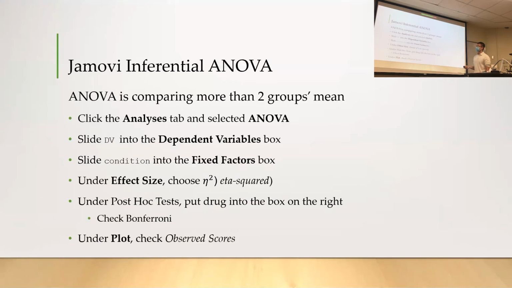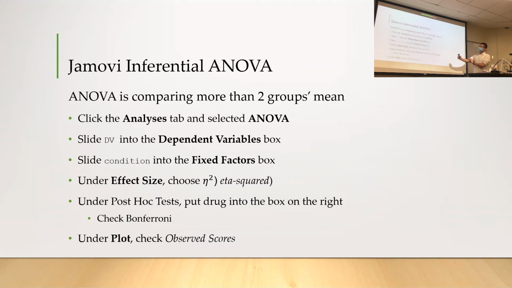Basically the same thing. And then under effect size, you will choose eta squared. Again, you don't need to know what it means if you haven't taken the class. And under post hoc test, you will put your dependent variable onto the right and check Bonferroni.